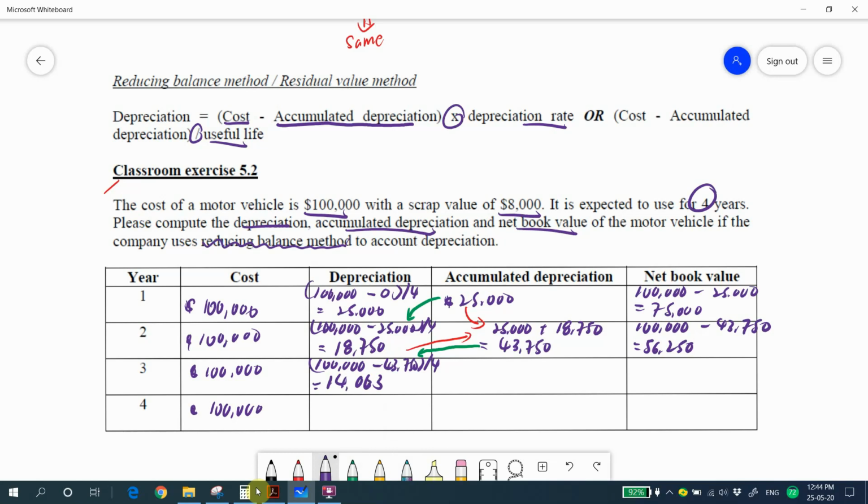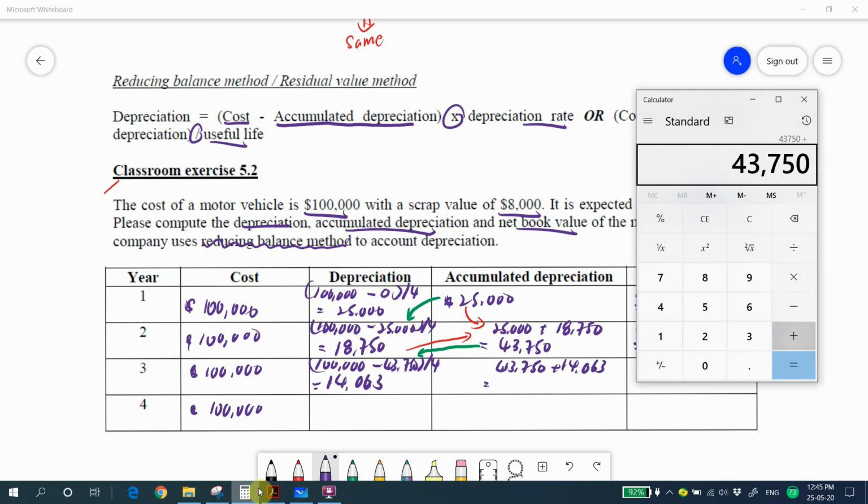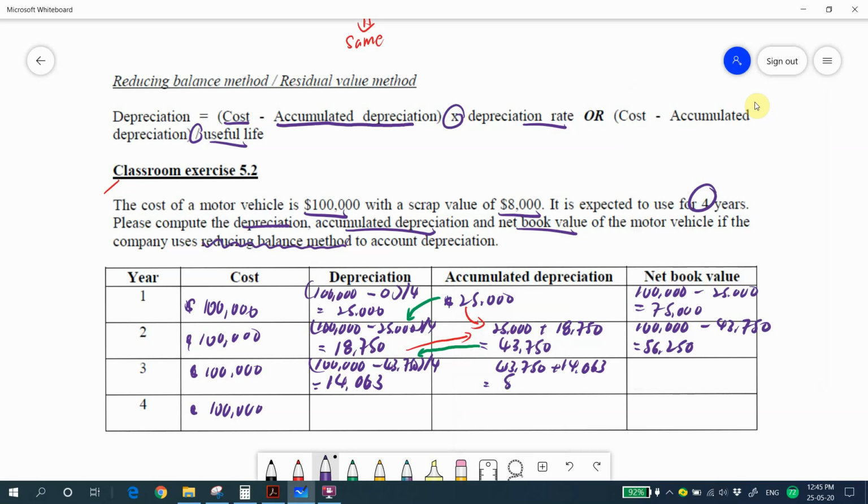And your accumulated depreciation will be 43,750 plus 14,063. So we get 57,813. How do we get 57,813?